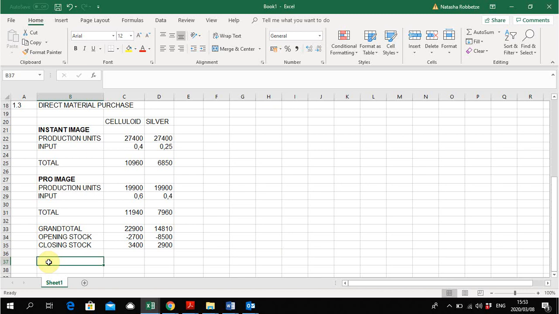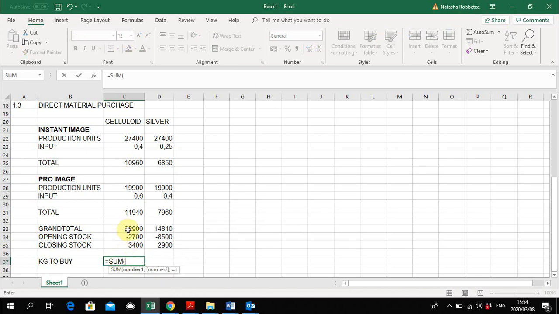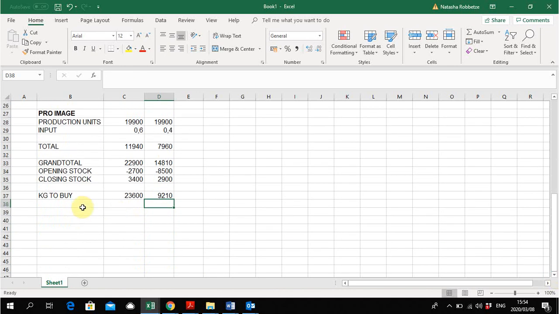Right, I will get to kilograms to buy. And it will be the sum of my grand total together with the opening and closing stock. Then I need to multiply by the cost. That was also given.